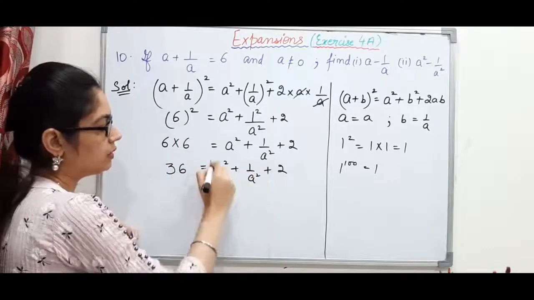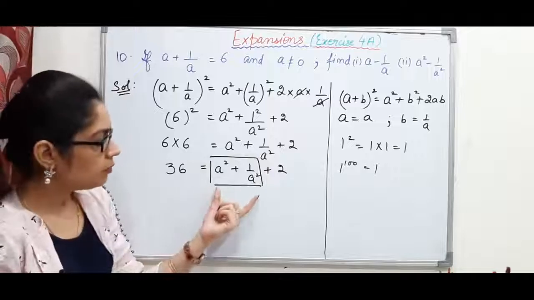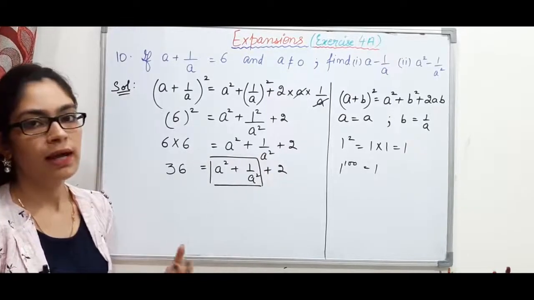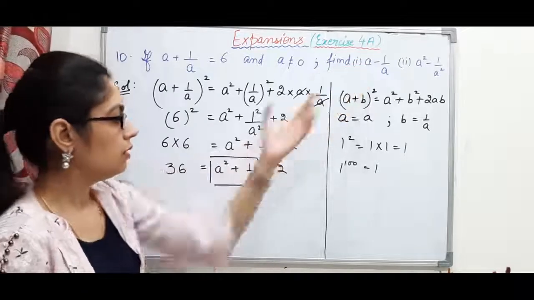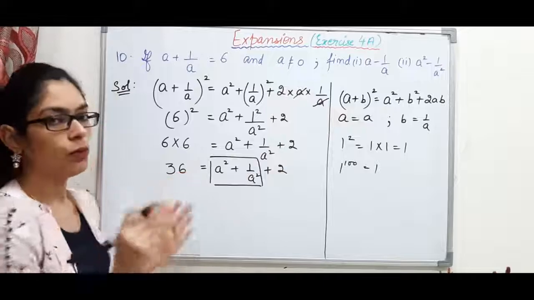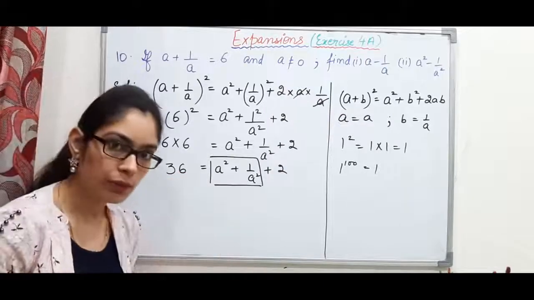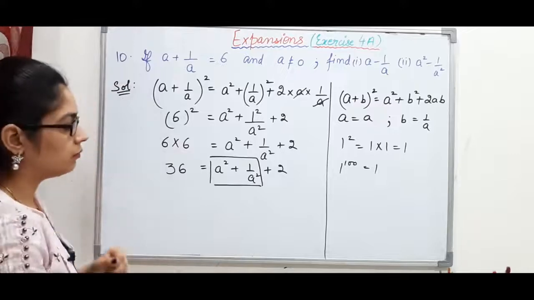See, we need just the value of this, because we can use it for further calculations. So this only we need. So this 2 will shift to the other side. Whatever we need, we can keep on one side, and the remaining things we can shift to the other side.